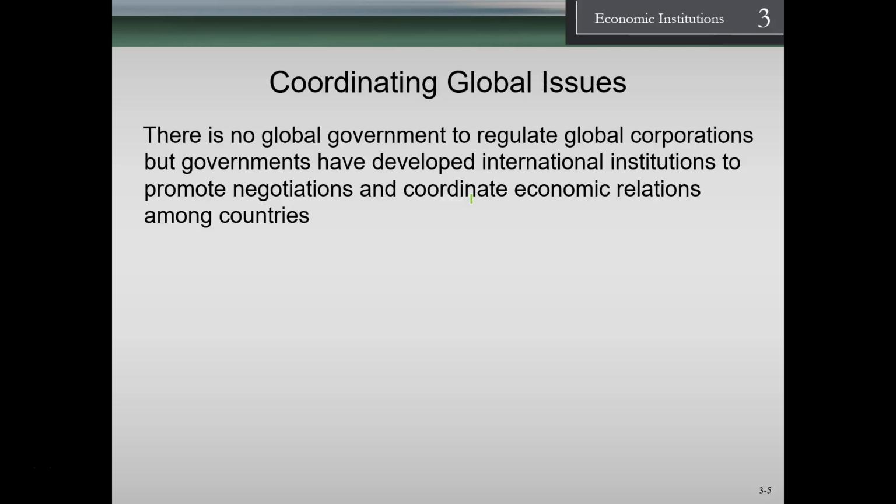Coordinating global issues. There is no global government to regulate global corporations, but governments have developed international institutions to promote negotiations and coordinate economic relations among countries. So we don't have any global government that governs all countries. All countries are sovereign. It's kind of scary to think about a global government that would have too much control over everything.